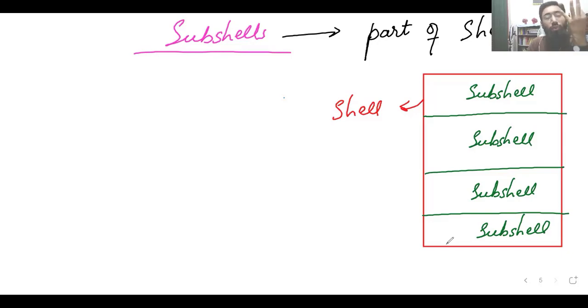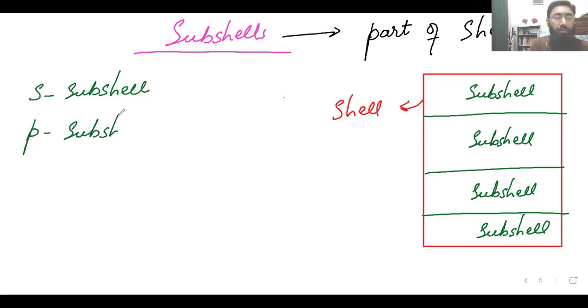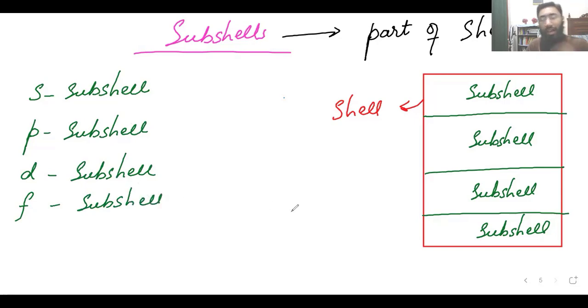There are 4 kinds of subshells: S subshell, P subshell, D subshell, and F subshell.